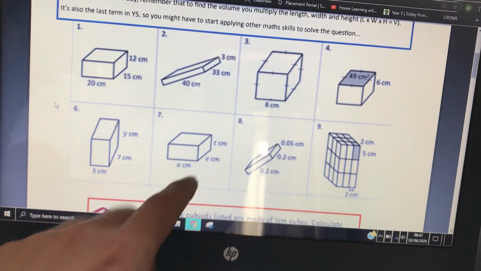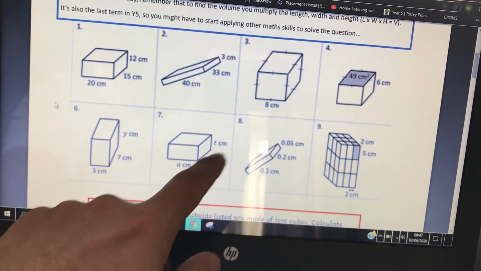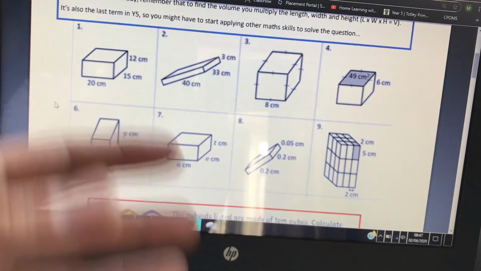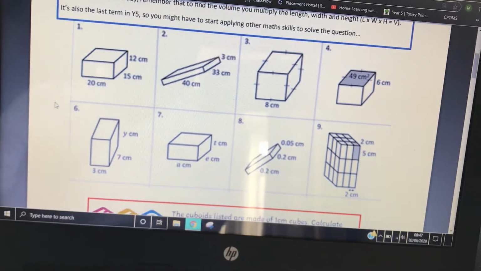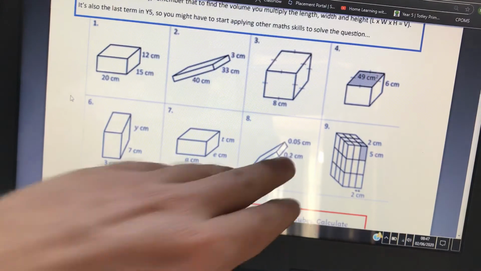So I'm going to go 1, and I'm going to go 3 and 3. So 3 times 3 is 9, times 1 is 9, because it's just one row of 9. Obviously there's not a strict answer to that one, but you've got to make sure the numbers you input are correct.